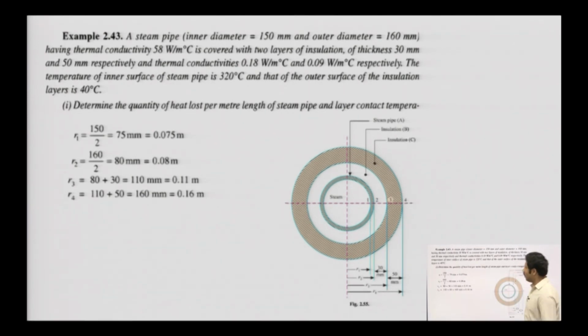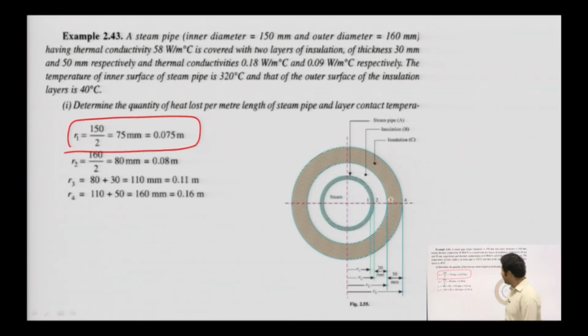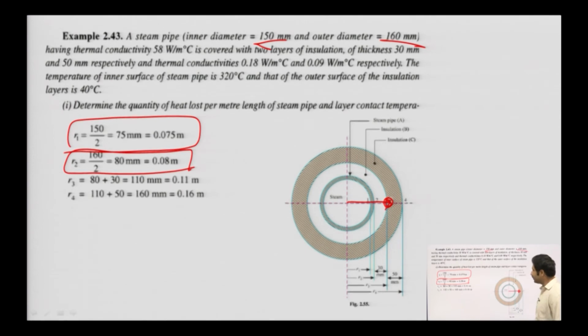So what's given? The diameters are given, so definitely you need to find the radii, from the inner diameter and the outer diameter. Now R3 is this. R3 will be 80 plus 30. Why 30?